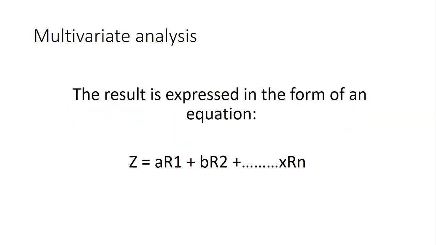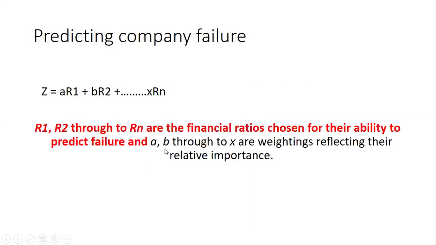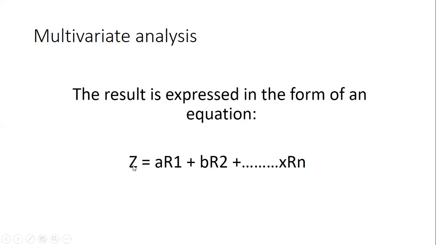So this is the formula for it. Z is the value you get, and then based on that, you say the business has failed or not. We will get to the value that would say it has failed, and the value that will say it has not failed.